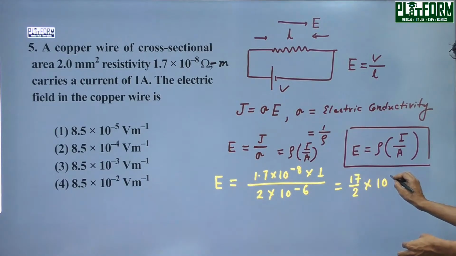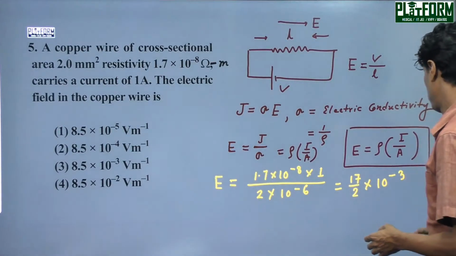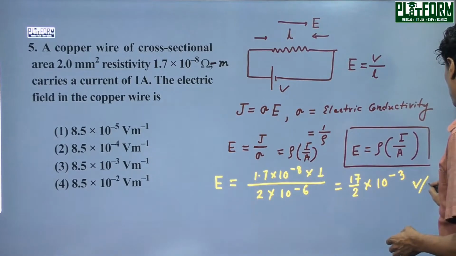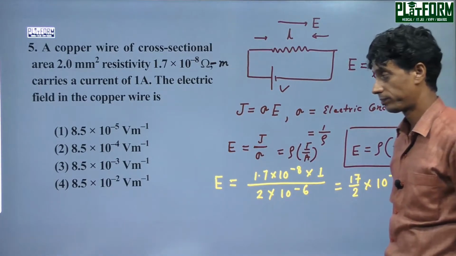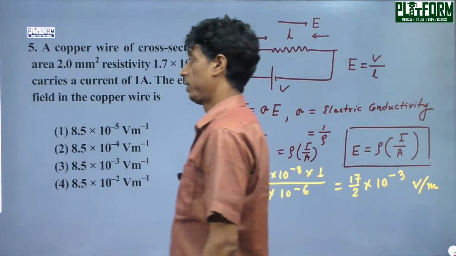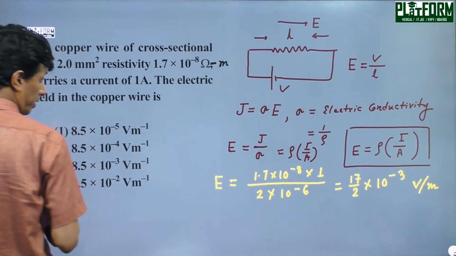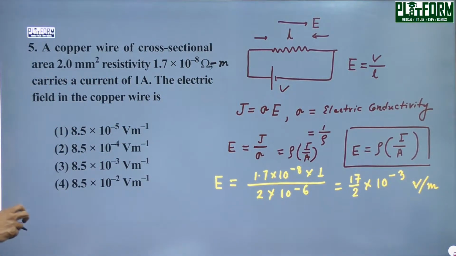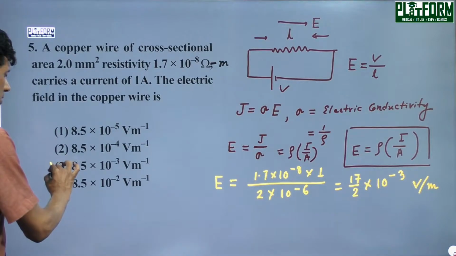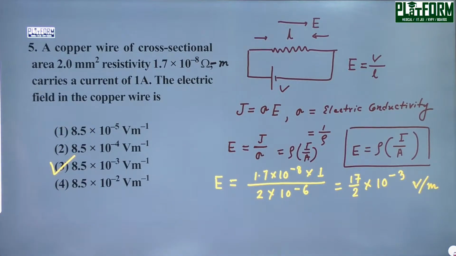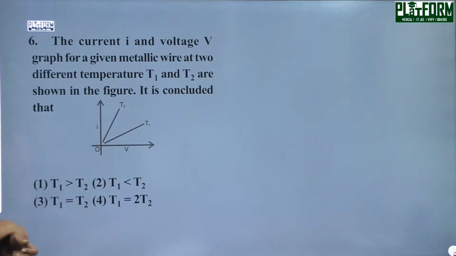It is actually minus 3. So electric field is in volt per meter. So the right option in this problem matches with 3. Let us see the next problem of this video session.